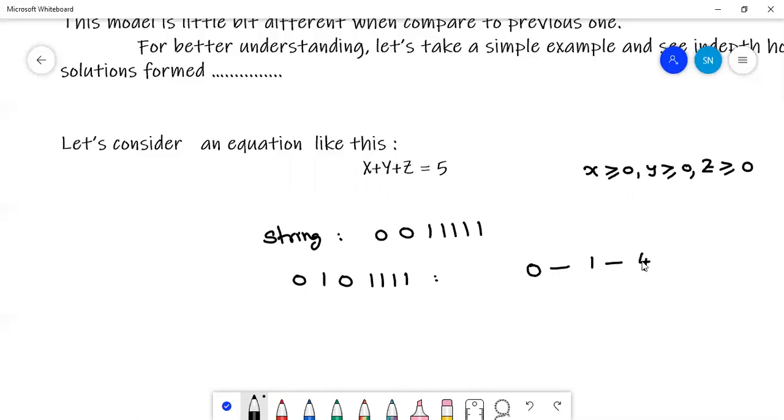So 0, 1, 4 can be a solution of the equation x plus y plus z equal to 5, subject to the condition x, y, z greater than or equal to 0. Suppose let us consider one more case: 1, 1, 0, 0, 1, 1, 1.